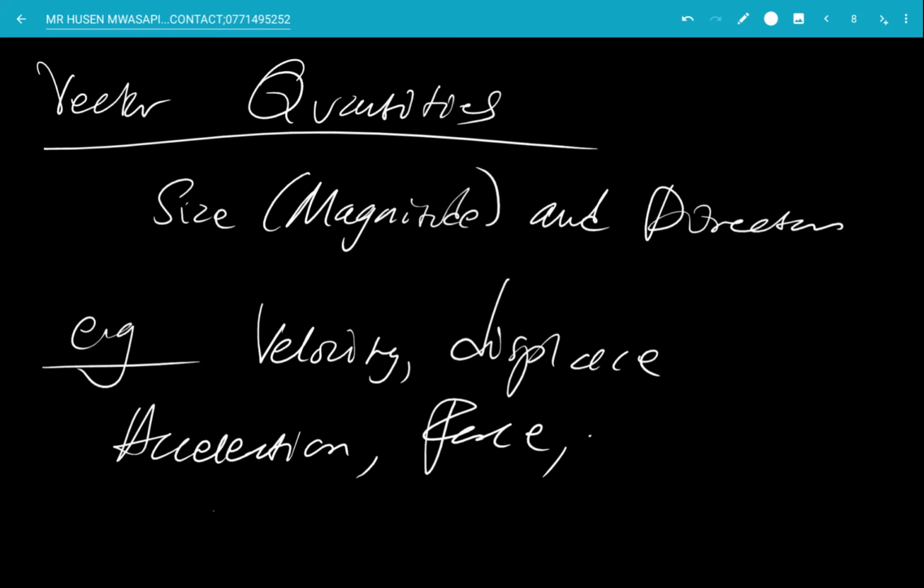Then we also looked at derived quantities to be a combination of two or more basic quantities. They are created through division and multiplication of these basic quantities. The scalar and the vector, just be mindful: the scalar will only have the size, only the magnitude, while a vector will have both the magnitude and the direction.